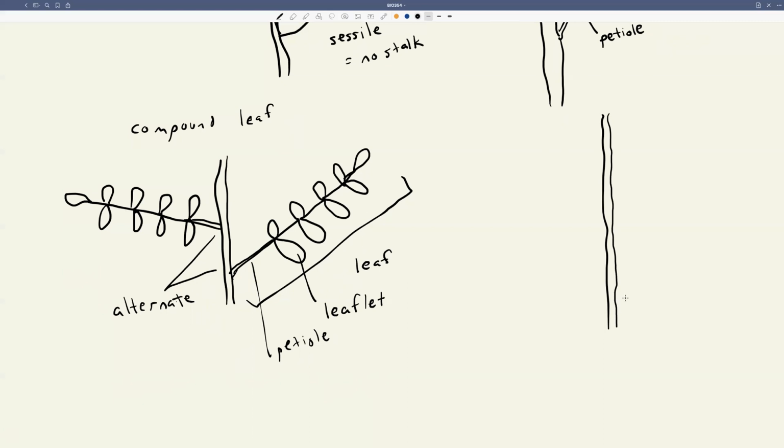So I'll try to draw something similar. Let's say we had a side shoot here that's got sessile leaves on it.